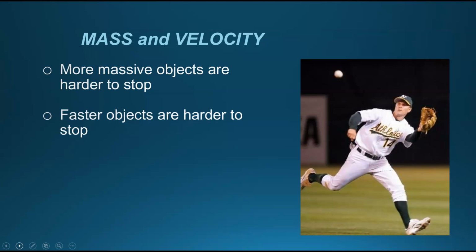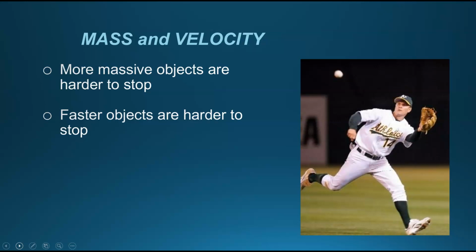If you are playing catch with a 2-year-old versus a professional baseball pitcher, you might have the same baseball with the same mass, but when a 2-year-old child is throwing it at you, that's going to be fine to catch with no baseball glove on. But if a professional pitcher is throwing it at you, you probably don't want to stand in front of that with no baseball glove on.